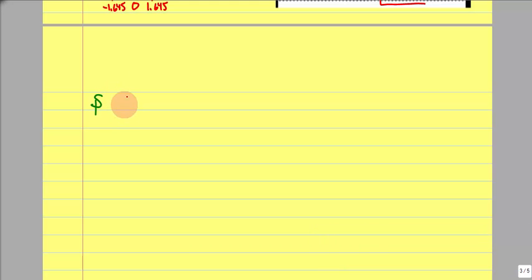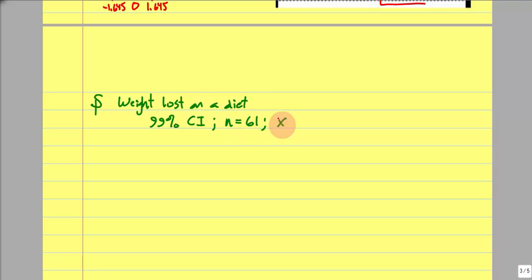So suppose in this example we were given that we have a distribution of values based on a sample and weight lost on a diet. And from this distribution, we want to build a 99% confidence interval. And the information that we're given is our sample size is 61. Our x bar, or our sample mean, is 4.0.